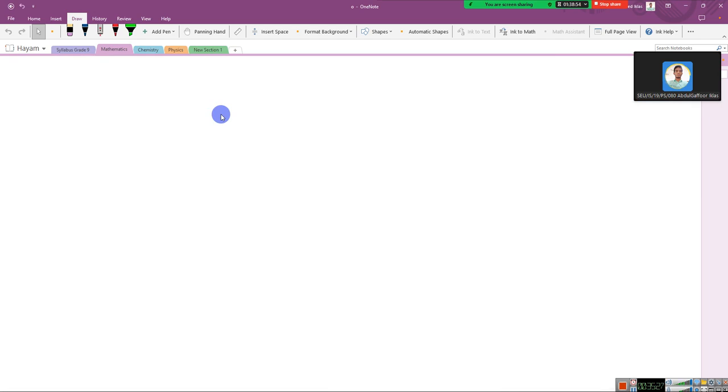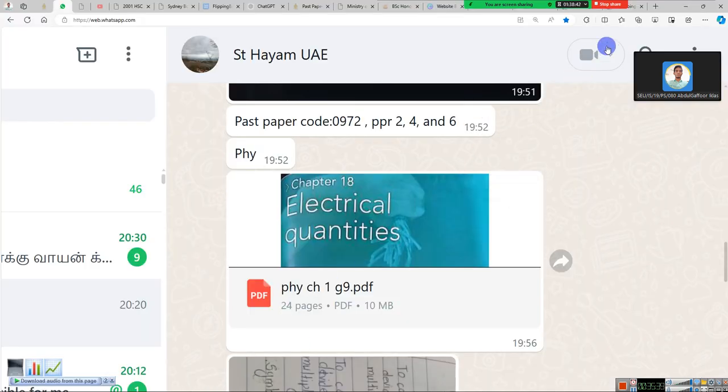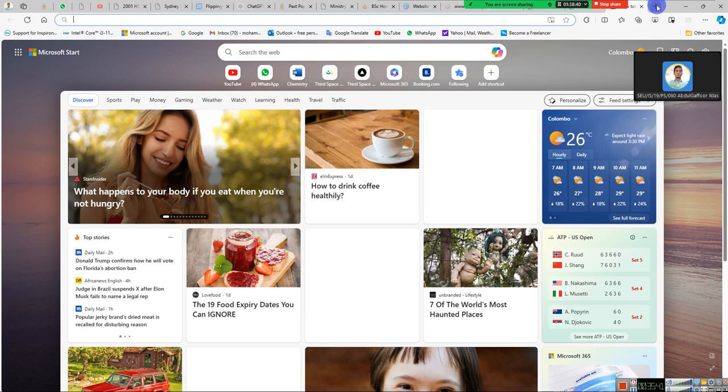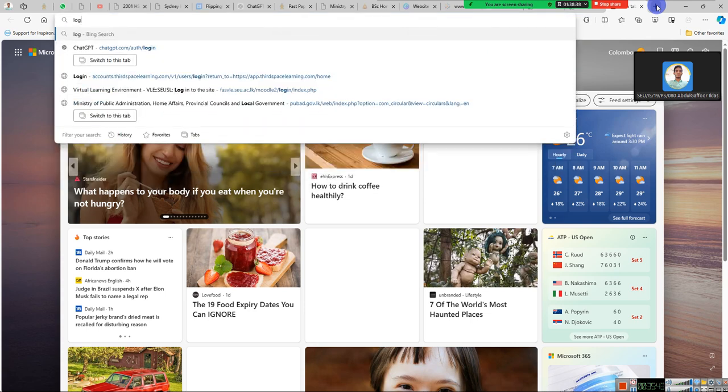Log comes under this chapter. No, log is a mathematical concept, right? Log is a mathematical concept. Now let me just teach you this log part. So where does log come under?